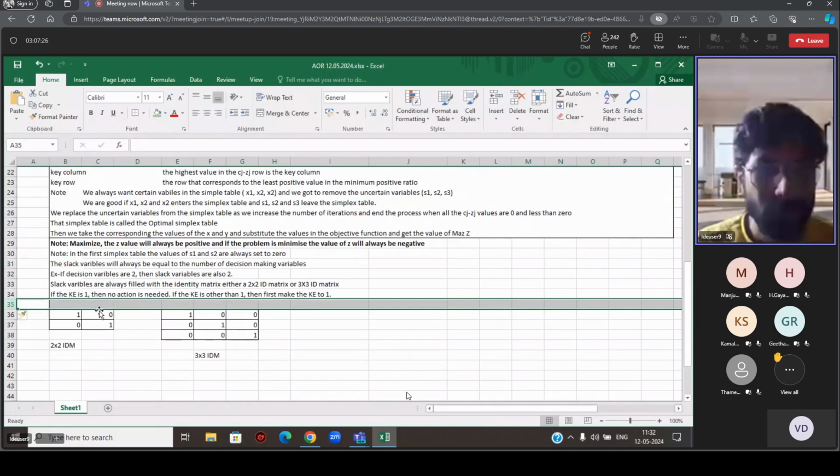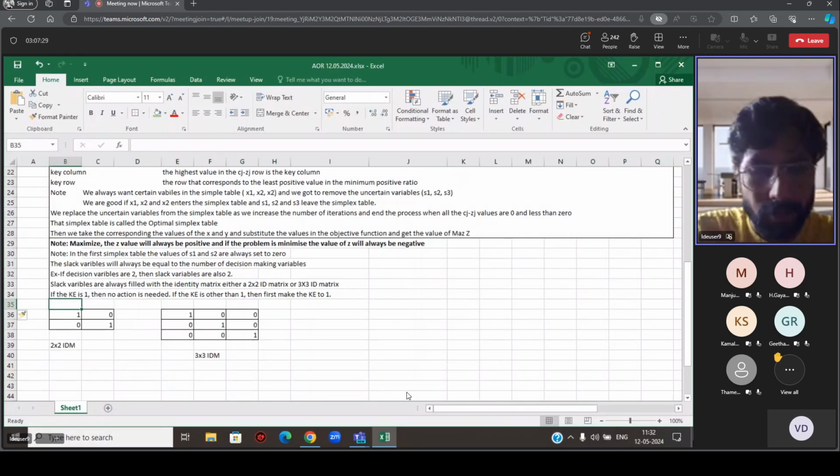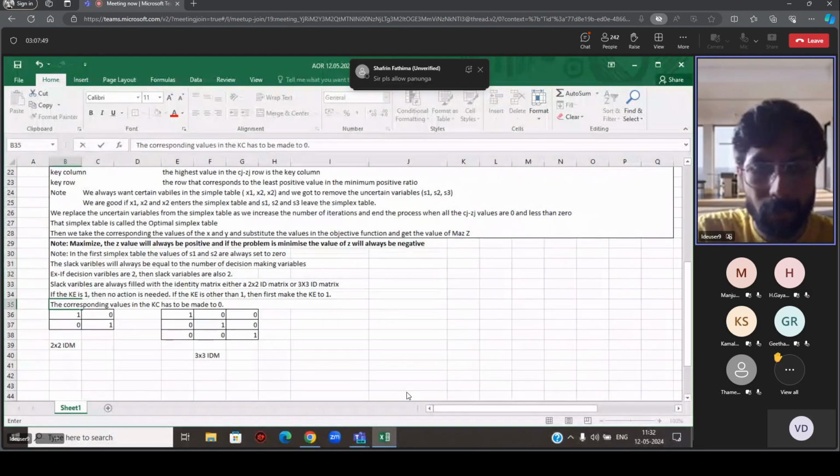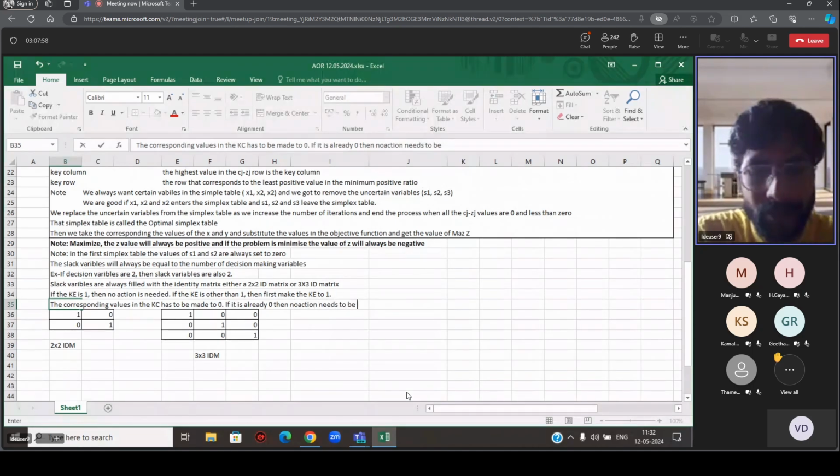Then after that, the corresponding values in the key column, KC, have to be made 0. If it is already 0, then no action needs to be taken.